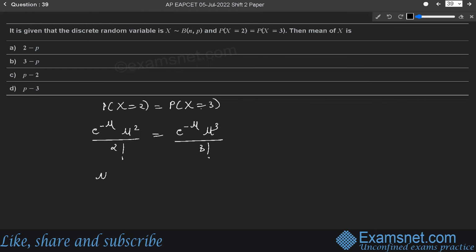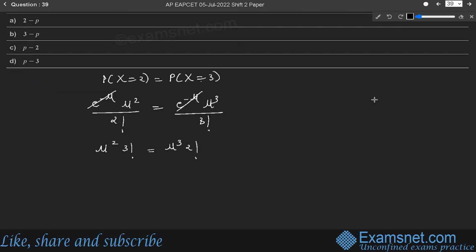You can see that e power minus mu and e power minus mu will be cancelled, and on cross multiplying we will get mu square into 3 factorial is equal to mu cube into 2 factorial.